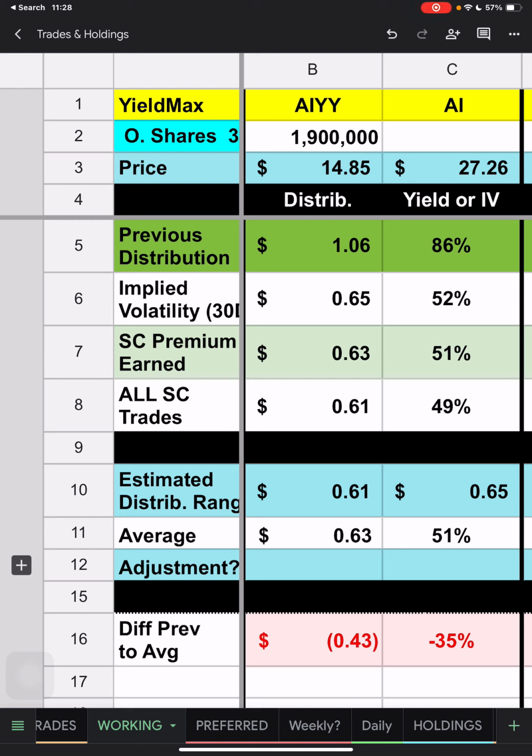So what I've done here is just taken the average, which is 63 cents, and then of course subtracted the previous distribution of $1.06, and it just shows as of right this second, and we still have, like I said, 4 days left, but this is showing that we are currently 43 cents below the last distribution.